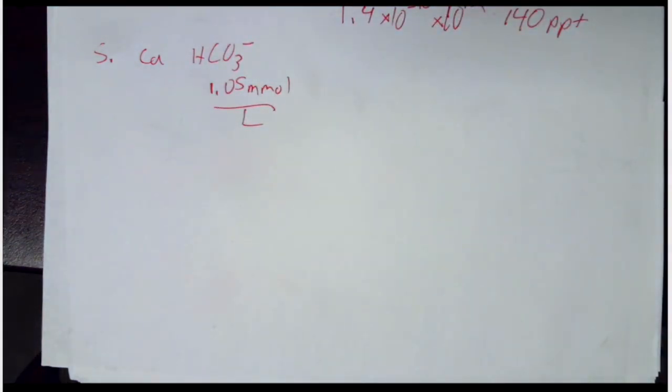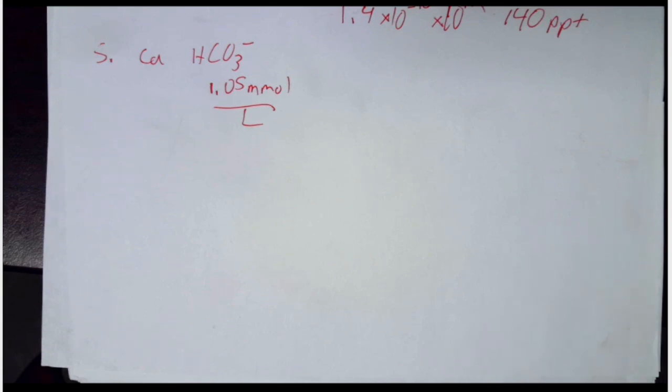First, we're going to make a big assumption here that the total amounts of cations and anions are just about even, that the total charges are balanced.